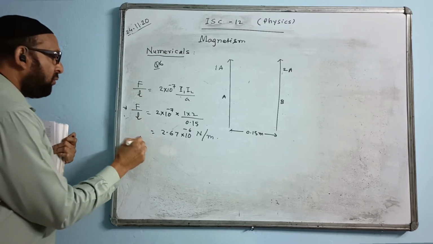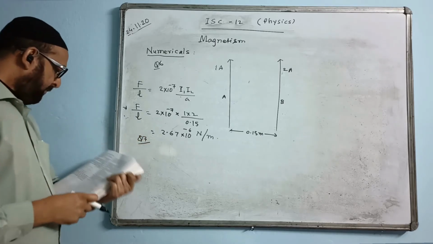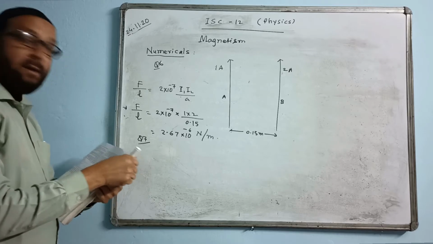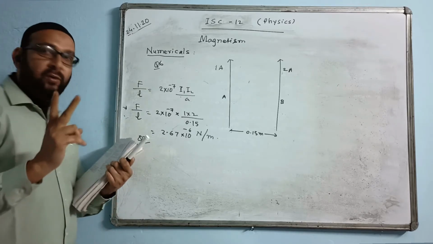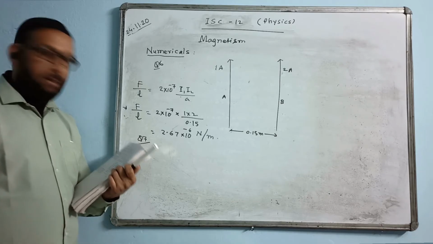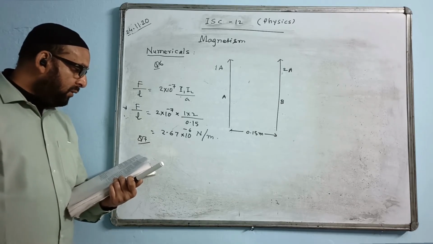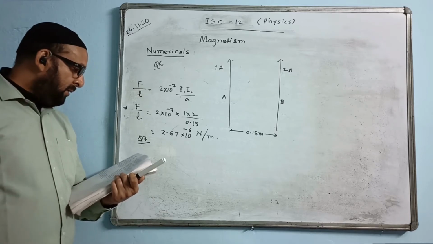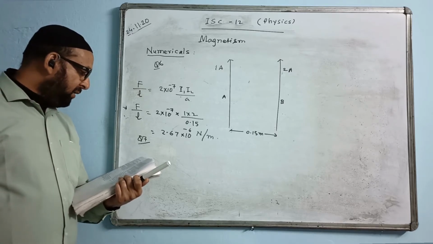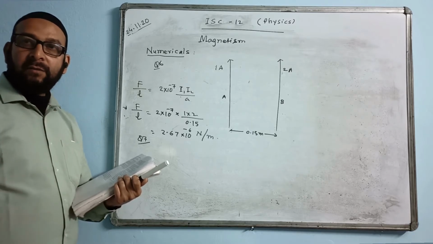Okay, we are doing the next question now, question number 7. The question says the force between two long conductors is 0.016 Newton per meter length of the wire.